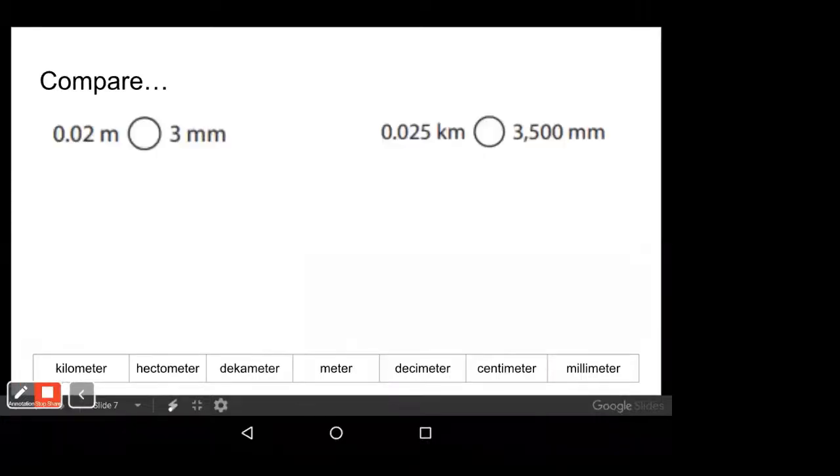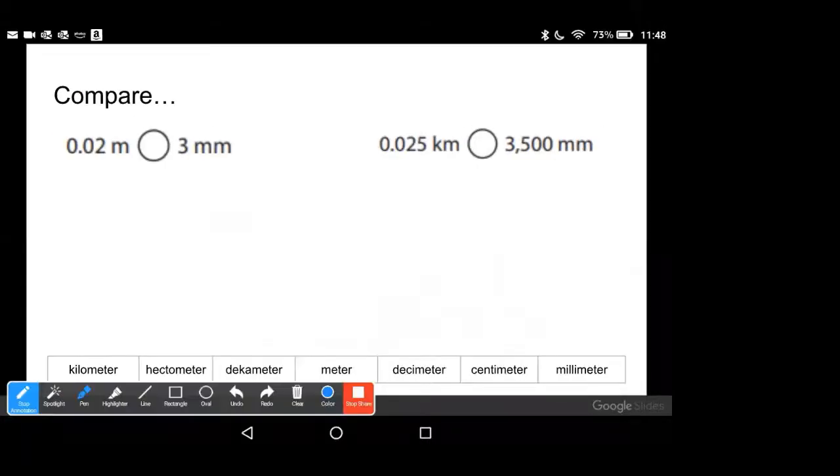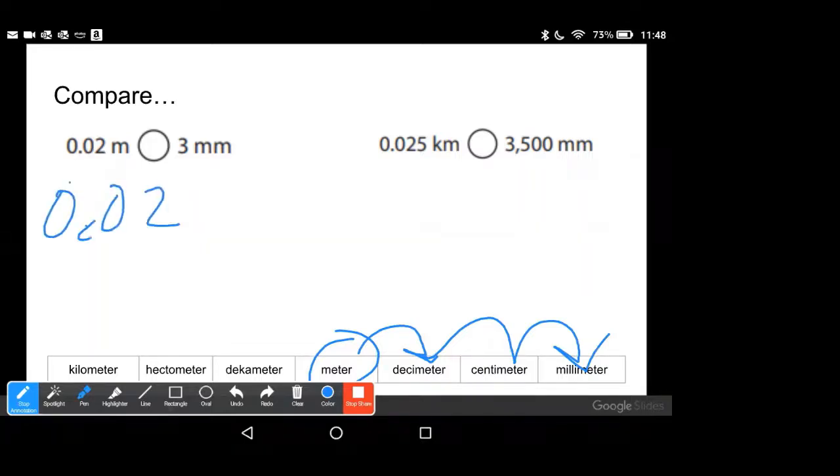Okay, and same thing as last week, you're going to do some comparing, greater than, less than, or equal to. So 0.02 meters and 3 millimeters. It doesn't matter which one you want to switch. I'll just do the meters. So meters here, and I'm moving to millimeters. So I could go 1, 2, 3 boxes to the right. And so when I write 0.02, here's my decimal place, and I go 1, 2, 3 to the right.